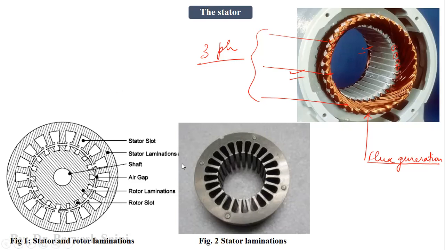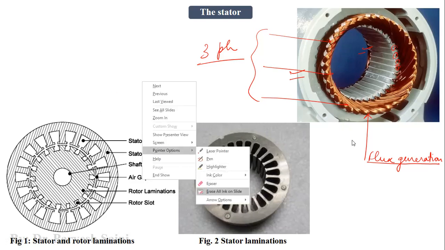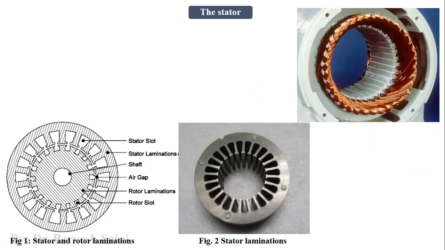Okay, so now how this stator is made, that is the question now. So as you can see here in these two diagrams, figure 1 and figure 2, this is a real diagram of the stator of a three-phase induction motor.